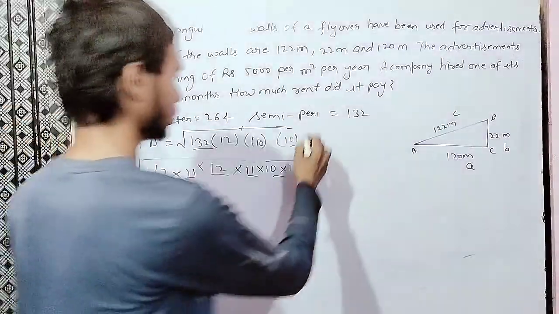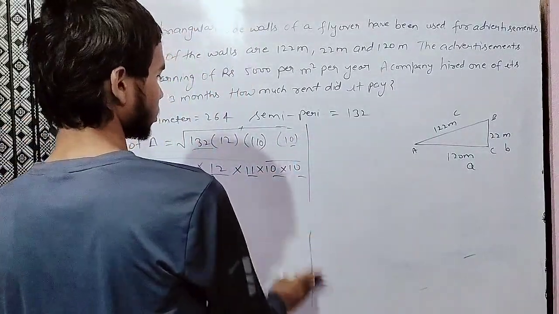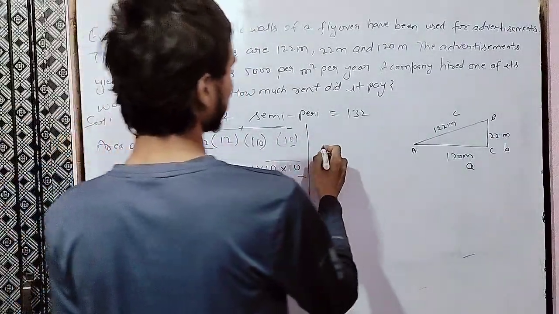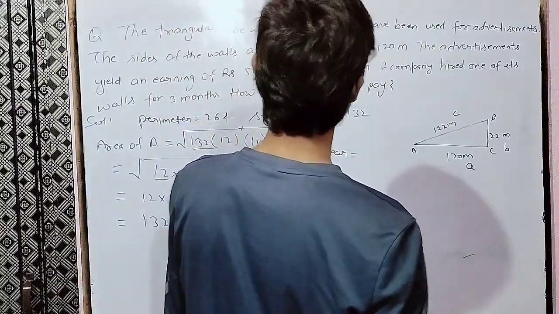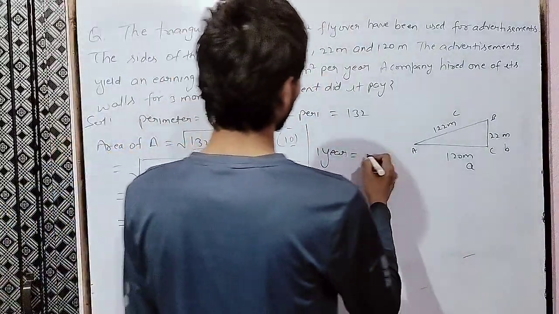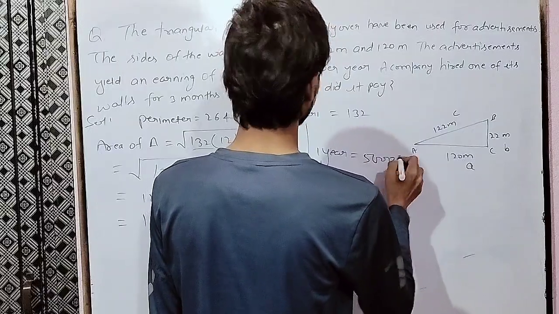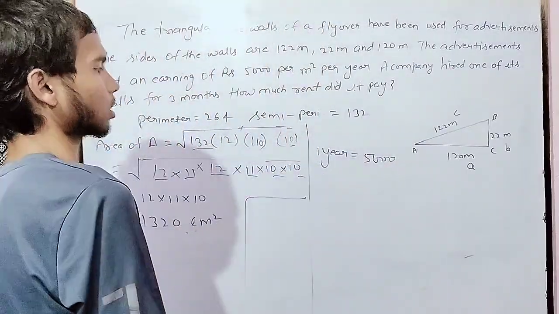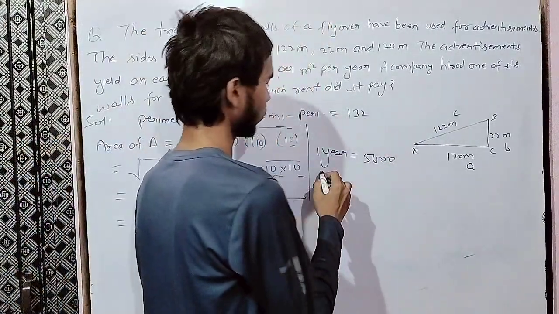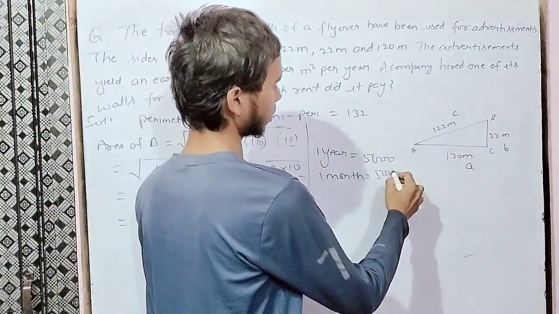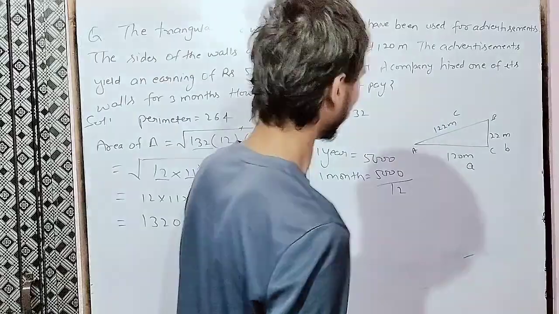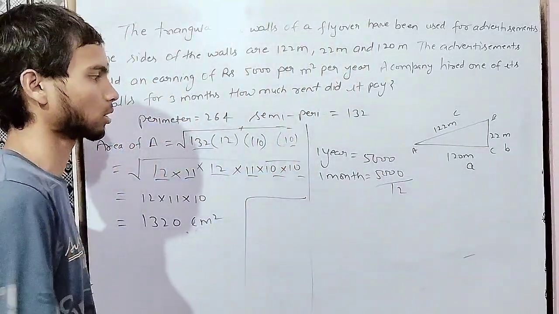Now next, price. Here it is saying 1 year. 1 year per meter is how much? 5,000 rupees per meter square. So for one month it will be how much? 5,000 upon 12 for 1 month.